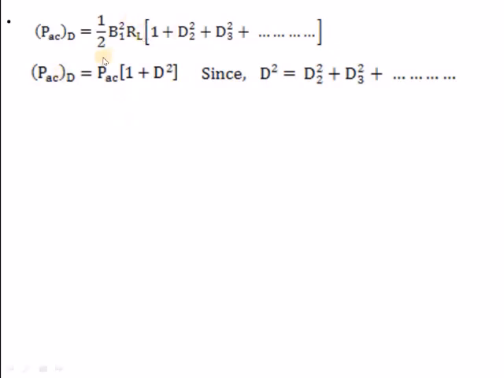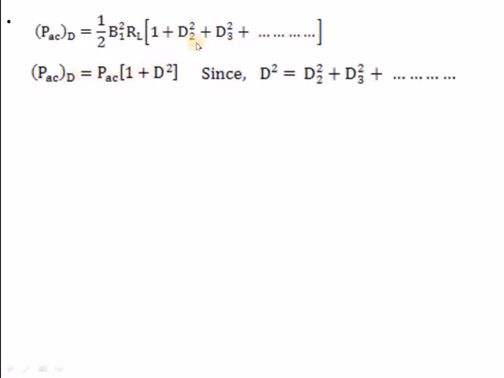Therefore, the AC output power including distortion is 1 by 2 B1 square RL, which is the fundamental AC signal power, times 1 plus D2 square plus D3 square, and so on.